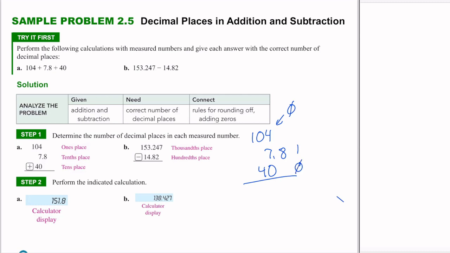So you might be tempted to just round this to no decimal places. In other words, if the calculator display is 151.8, you'd be tempted to round this to 152. But let's look at it differently. The last significant value for 104 is in the ones place, and for 7.8 is in the tenths place, and for 40 is in the tens place.